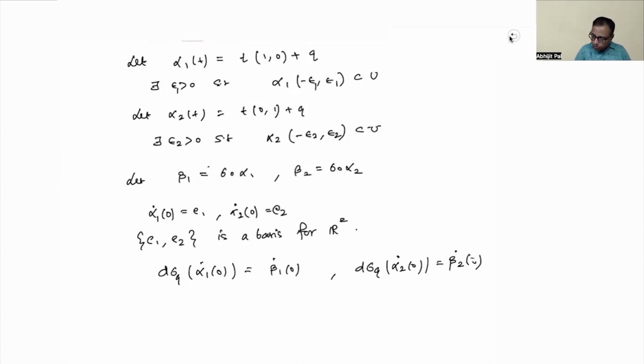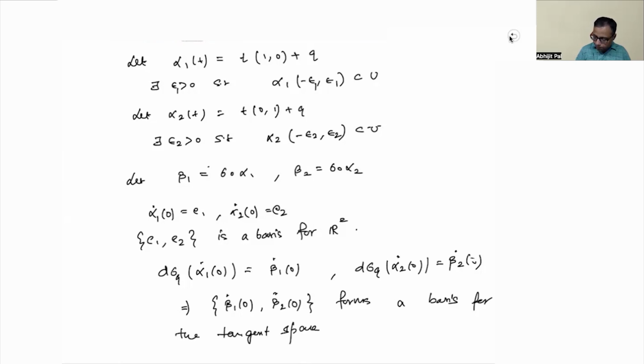So this implies that beta 1 prime 0 and beta 2 prime 0 form a basis for the tangent space.